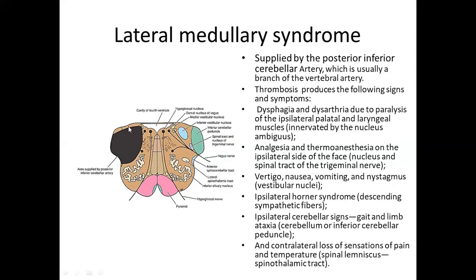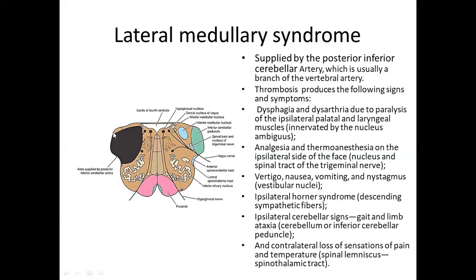Its thrombosis will produce dysphagia and dysarthria because of paralysis of the nucleus ambiguus, which is situated close to the spinal nucleus of the trigeminal nerve, and was supplying the pharyngeal constrictors and the laryngeal muscles through the pharyngeal nerve plexus. Then there will be analgesia and thermoanesthesia of the ipsilateral side of the face because of involvement of the spinal nucleus of the trigeminal nerve with its tract.